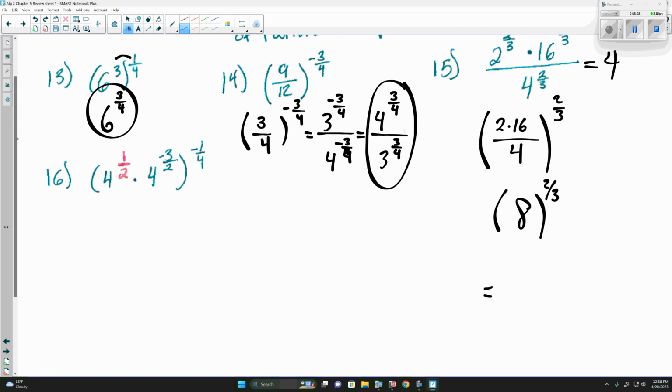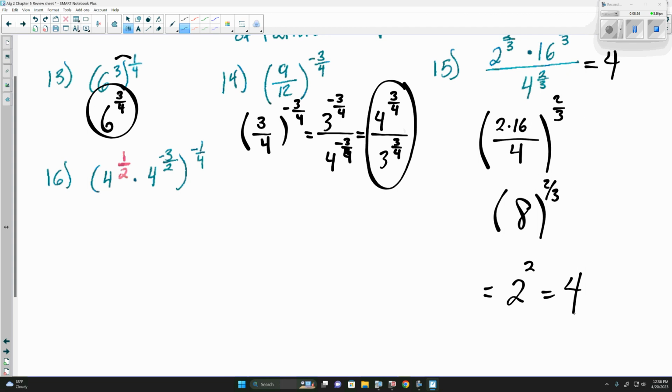What times itself 3 times is 8? 2. So we're really looking at 2 squared, which is 4. So we see how we work that through. We could have done it the other way and said 8 squared is 64 and found the cube root of 64, which is 4. Either way would have worked. Does that make sense?